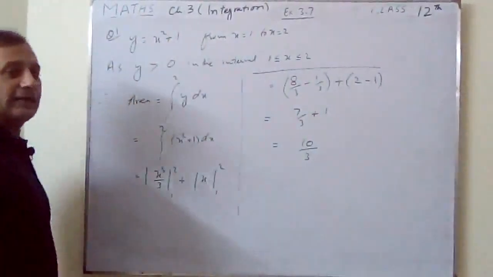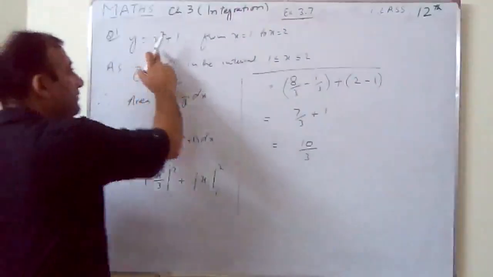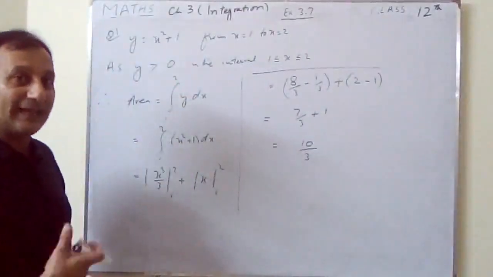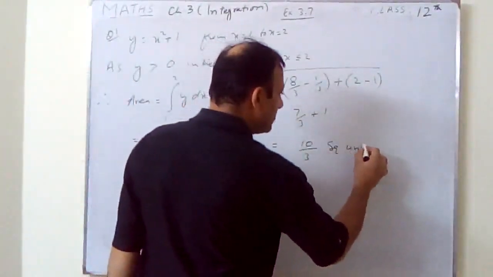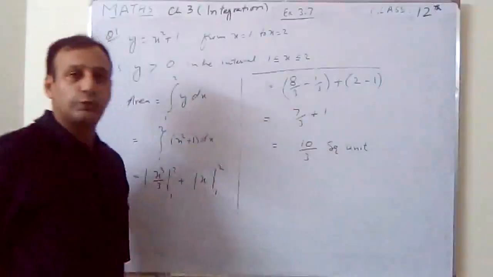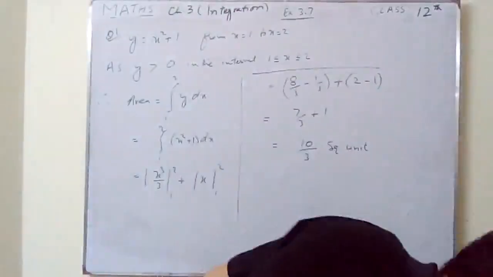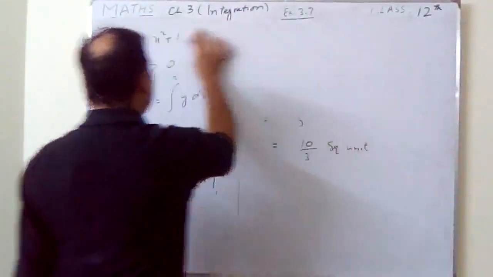The area is 10 by 3. Since we are saying area, we always write square unit. So this is the way how to find the area of the curve in the specific interval.